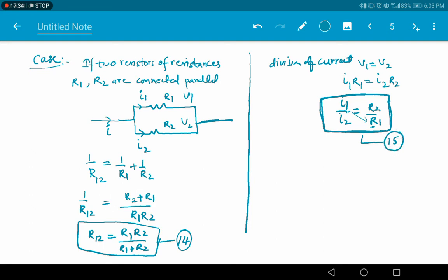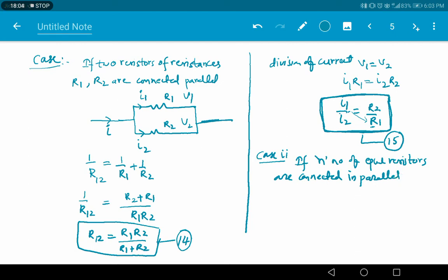For the next case, suppose n number of equal resistors, all of equal resistance, are connected in parallel.